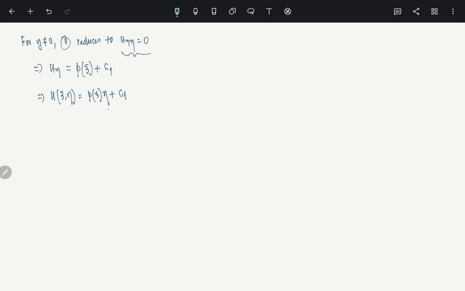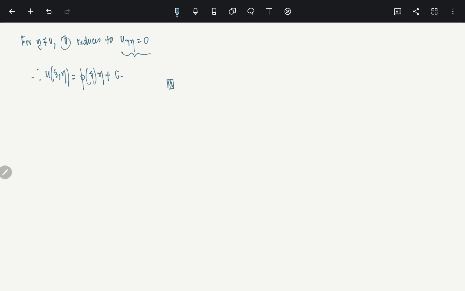If you solve it, this is what we are going to get: c1 η plus c2. Essentially this whole thing you can write like this. Any solution of this will look like u of ξ and η equals some function of ξ times η plus another constant c. Okay, that's the solution.